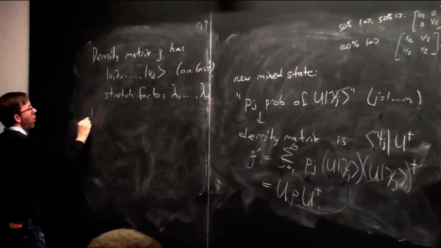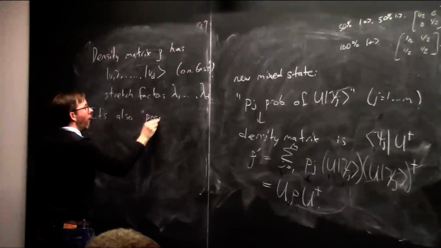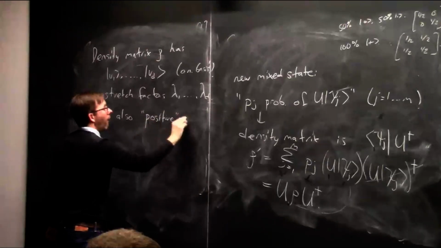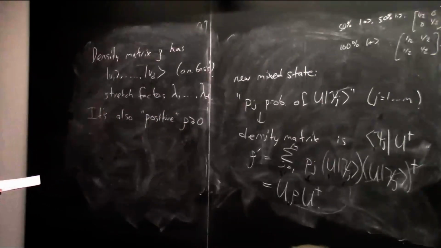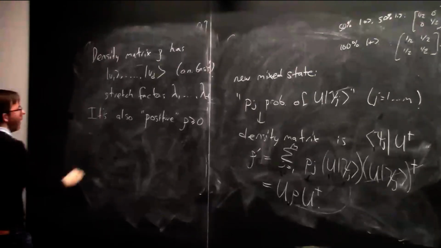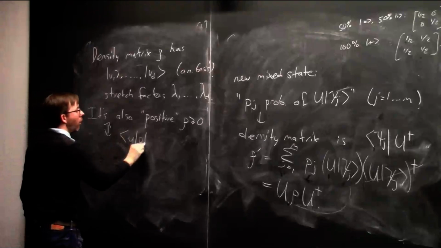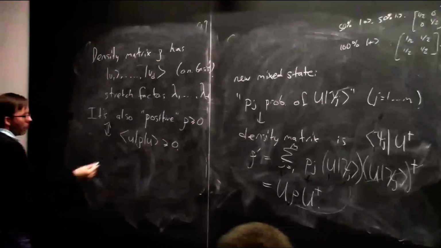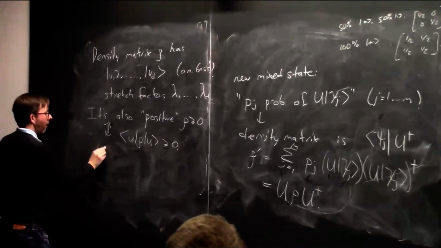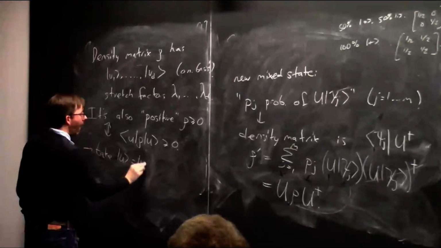So it's also positive, which means that the definition of that is that for all unit u, u dagger rho u is greater than or equal to 0. In particular, what if you plug in u to be some v_i?